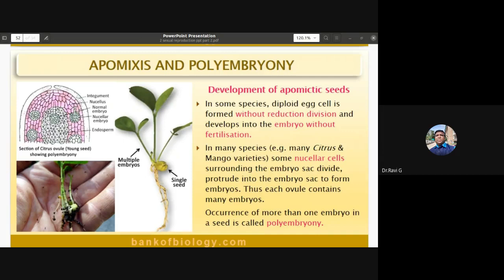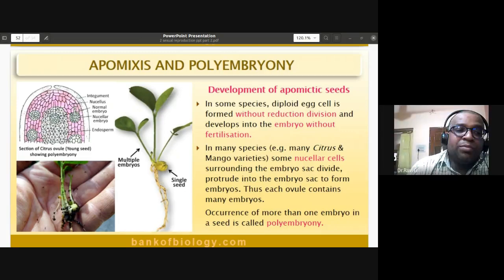So how is the diploid egg cell formed? When the megaspore mother cell does not undergo meiosis and directly forms the diploid egg cell, we call that the diploid egg cell which forms without reduction division. It can develop into an embryo.